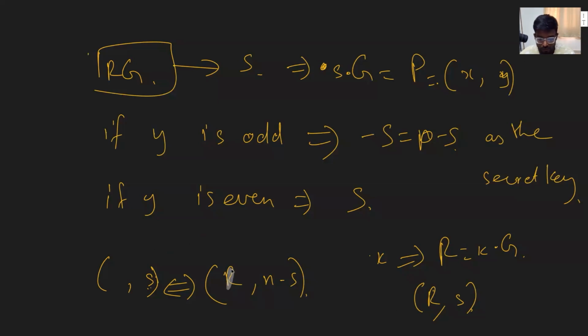In this ECDSA format, we will only send the x-axis value of this R, let me denote it as capital R x. But in the Schnorr signature, we need to send the complete point R for verification.